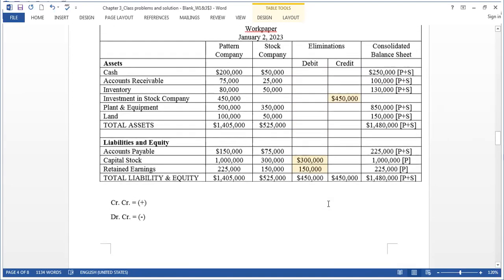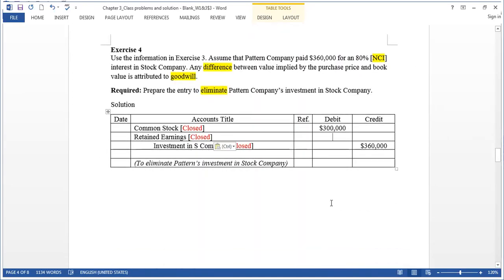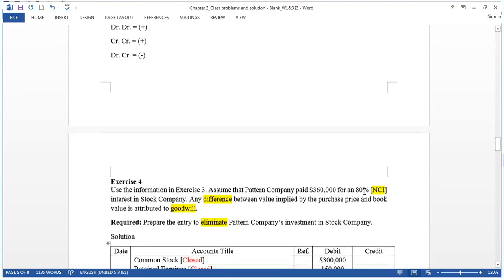According to this question, $150,000. So this is closed common stock, closed retained earnings, closed investment. Then we have to record non-controlling interest, because we acquired less than 100%.